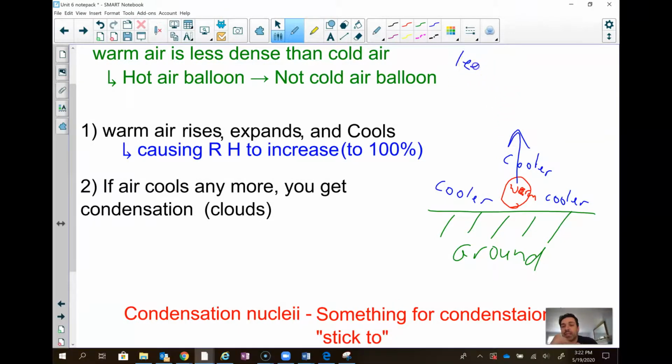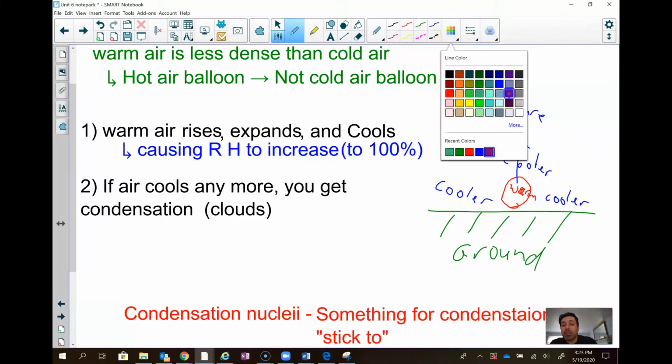So let's label that: less air pressure up here. There's less air pressure, so the air that used to take up a small amount of space is going to expand and take up a much larger space.